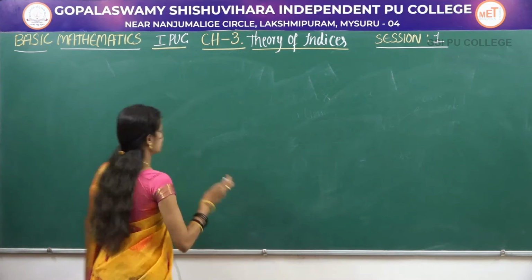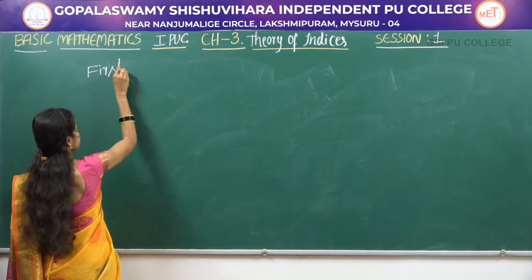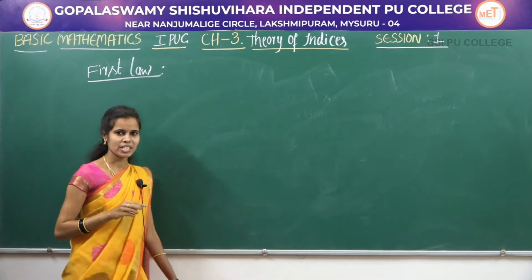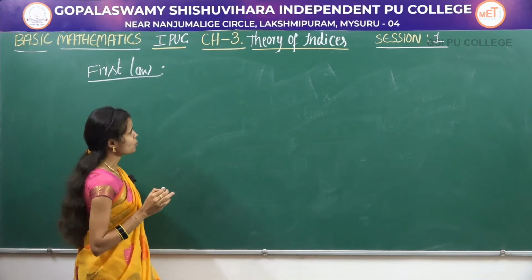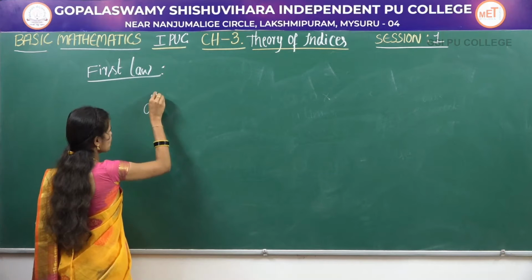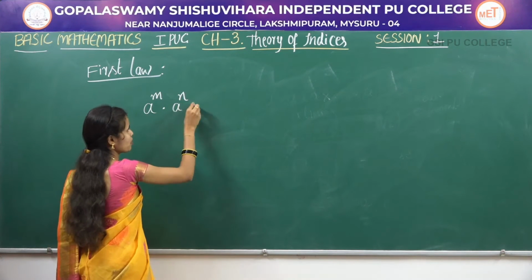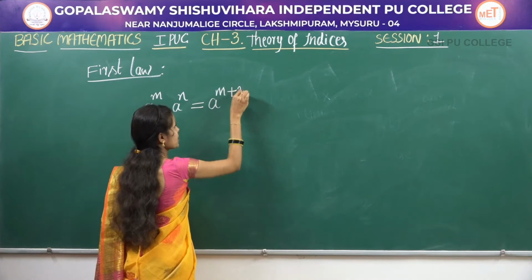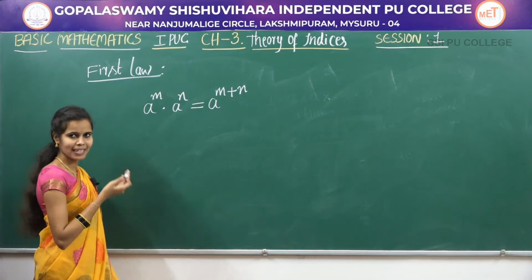The first law of exponents: consider a is any non-zero real number and m and n are positive integers, then a to the power of m into a to the power of n is equal to a to the power of m plus n. This is called the first law of exponents or first law of indices.